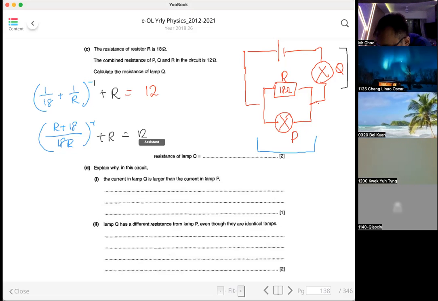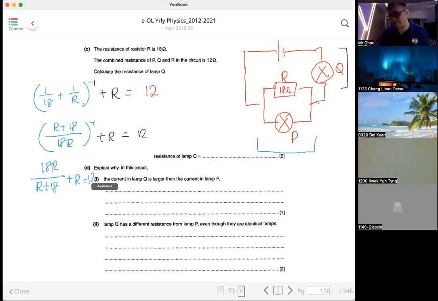Then you change the inverse out, will become 18R over R plus 18 plus R equal to 12. Then you make R the subject. Eventually you get the answer.